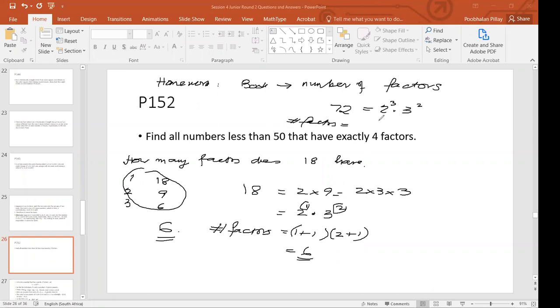You can list them down, but there's a very easy way of doing it. 3 plus 1, increase each index by 1 and multiply. 3 plus 1 is 4, and 4 times 3 is 12. So 72 has 12 factors. That is how you work out the number of factors of a number. There's a simple formula, and that is what you use to solve this problem.